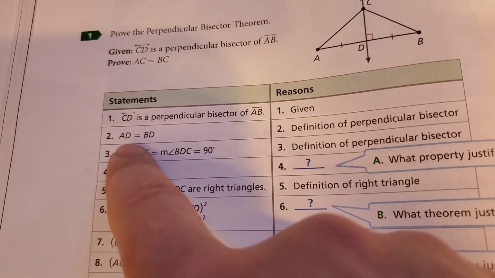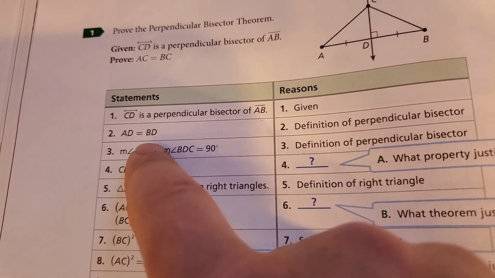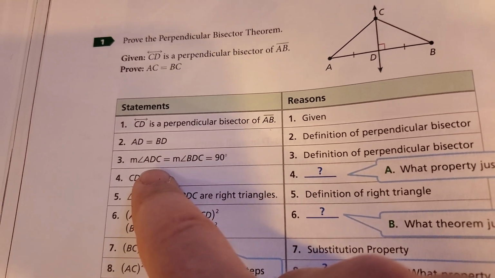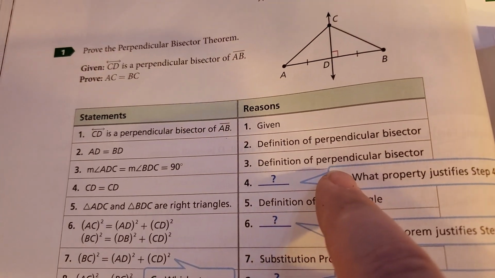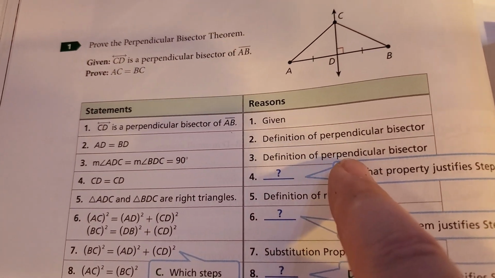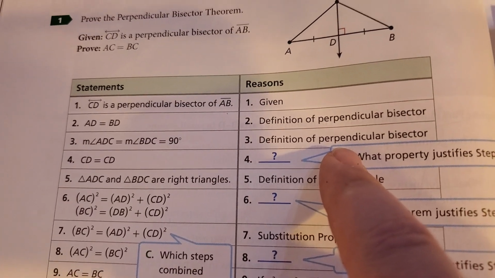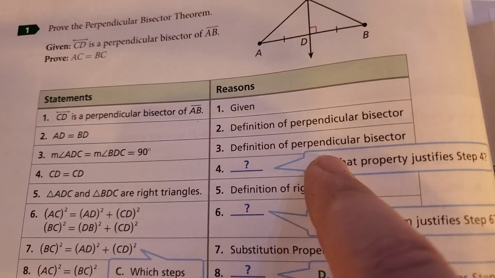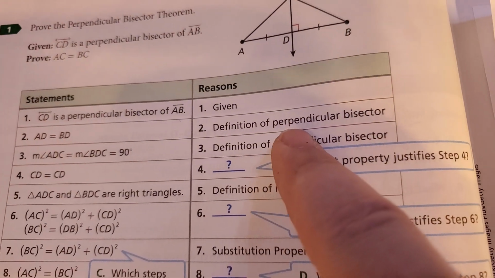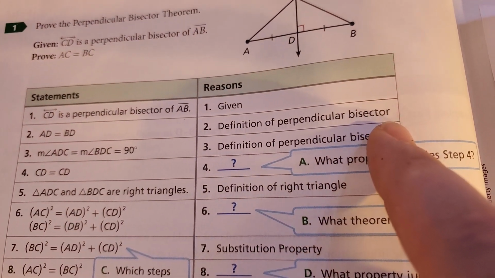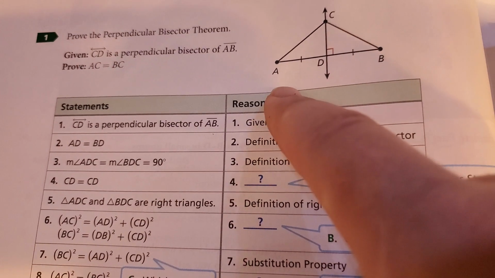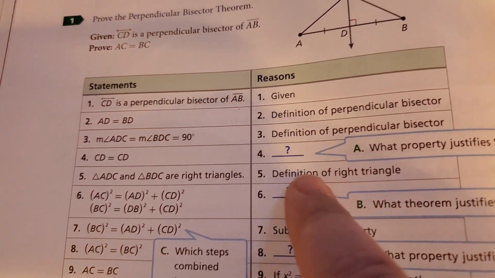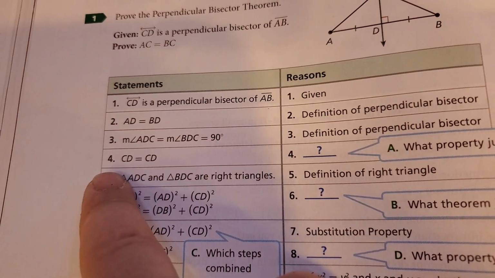You could have put AD is equal to BD, and then a comma, and then angles ADC and BDC are 90, all by the definition of perpendicular bisector. Again, that name gives it away. They have to be perpendicular and bisect. So the right angles and the congruent halves, AD and BD.